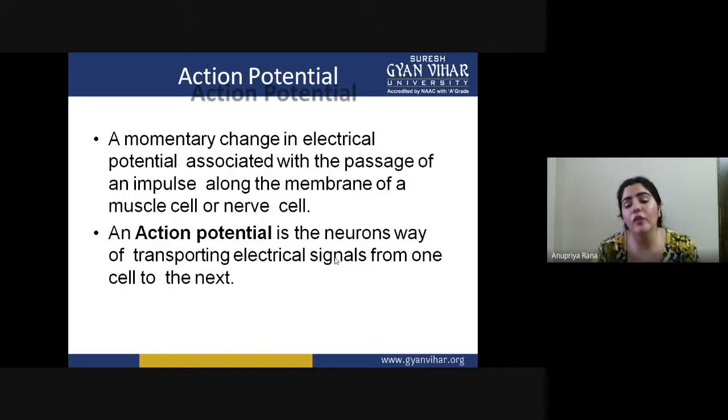So this mechanism, the opening of ion channels with the help of electrical potential and the impulse, happens inside the neuron to pass information from one cell to another. So I think you got the meaning of the action potential.